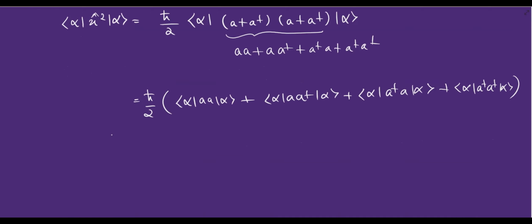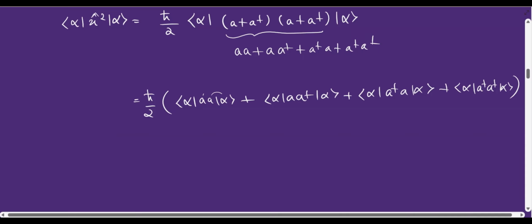Now what this will do is, if I act this once and then act it twice on alpha, this should give me alpha squared.